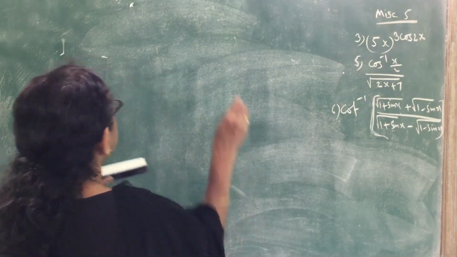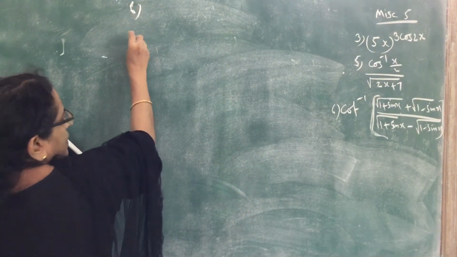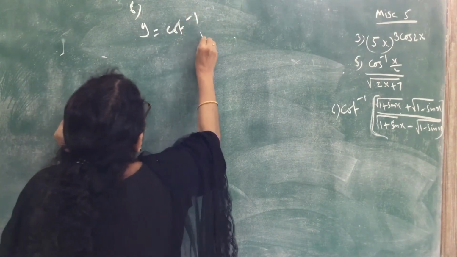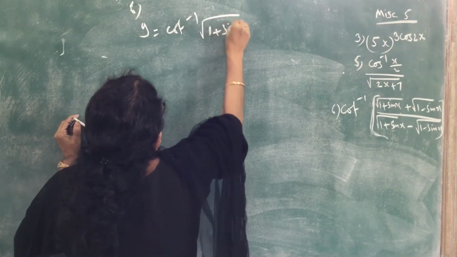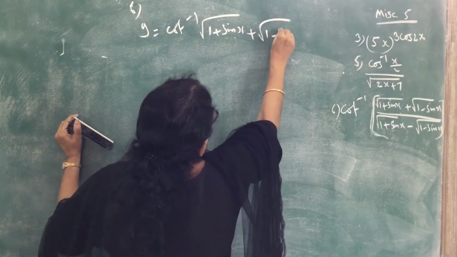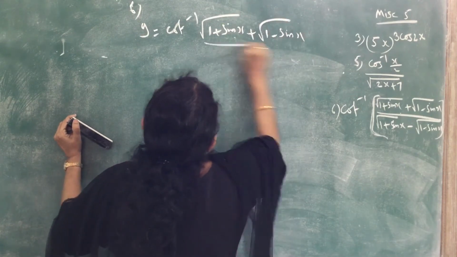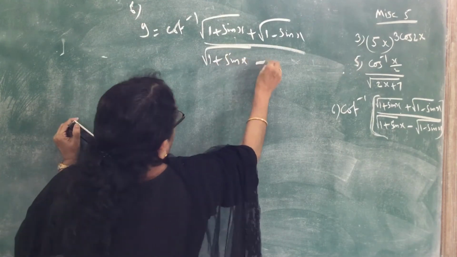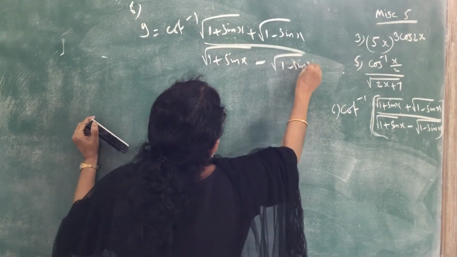So what we have to do is, y equal to cot inverse root of 1 plus sin x plus root of 1 minus sin x divided by root of 1 plus sin x minus root of 1 minus sin x.